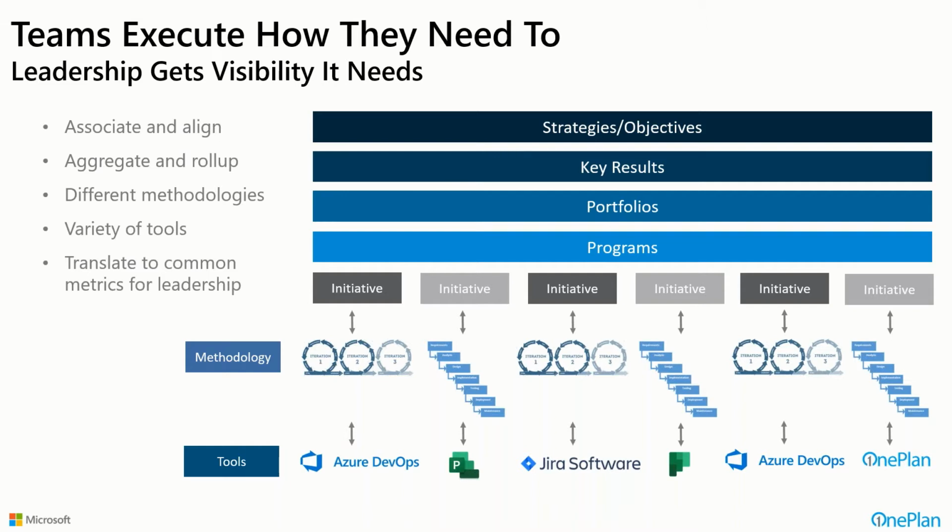They might be using agile tools like Azure DevOps or Jira, or maybe using more waterfall tools like Microsoft Project. And different constituencies may be executing using those things, but at the higher levels, we need to be able to aggregate these portfolios into, say, programs and individual portfolios, and even rolled up to strategies and aligned with different strategies and objectives within the organization.